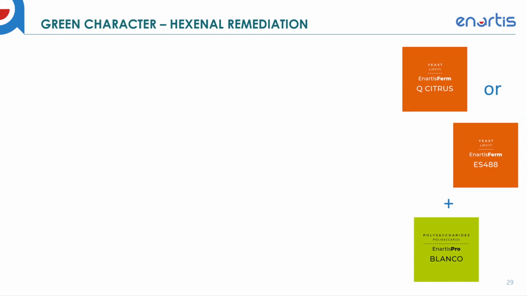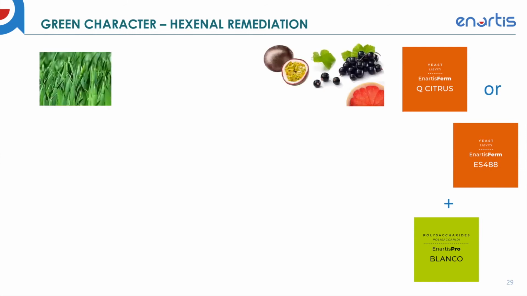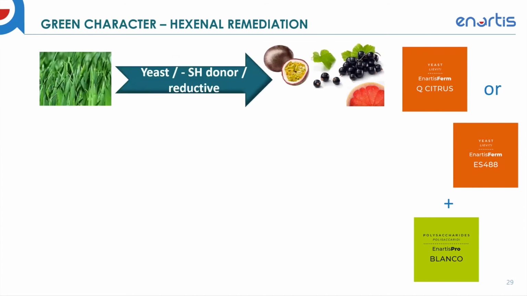Both have enzymatic activity for converting green smelling aromas. In combination with glutathione, those yeasts can convert a green character into a fruity or tropical note. So we can convert something from grassy to fruity, in either whites or reds.